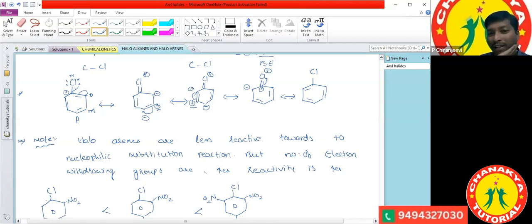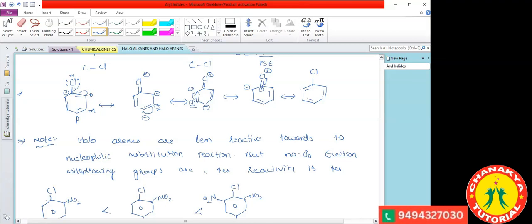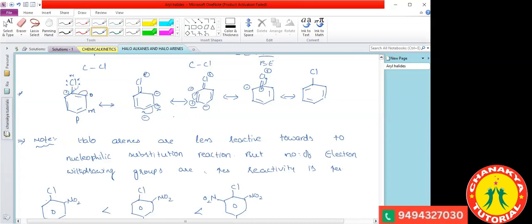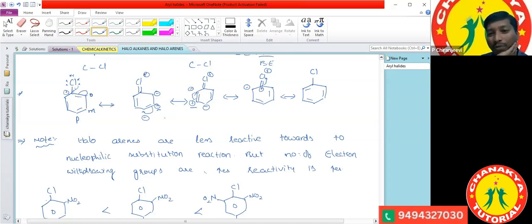Now did you get the clarity? Is anyone still having doubt? So it is more positive at the meta position. Yes. The electrophile also has positive charge only, so positive and positive have attraction or repulsion? Repulsion. If there is repulsion, how is the electrophile going to be substituted at the meta position?